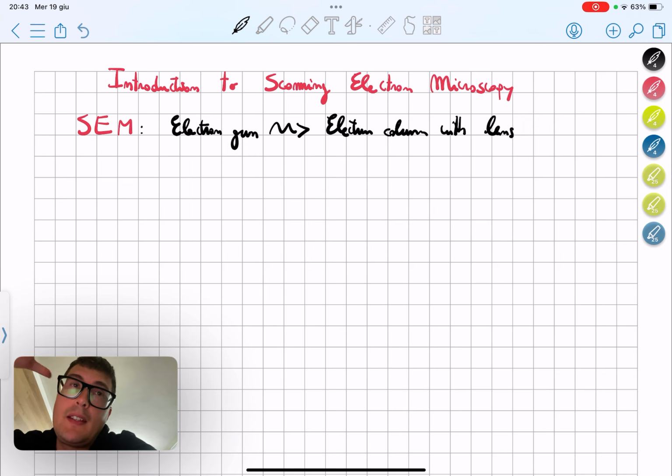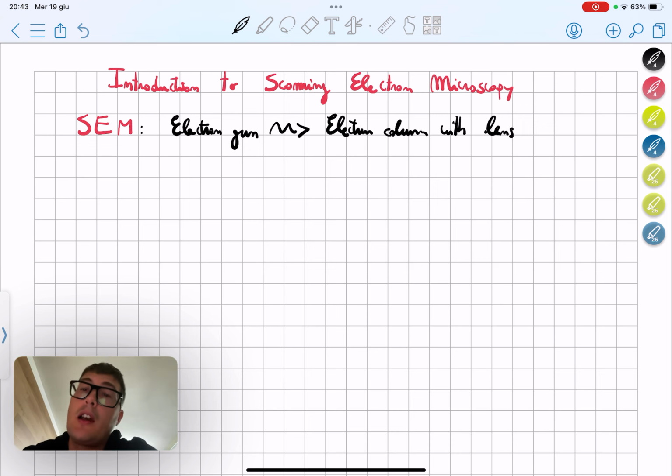Once they hit the sample, electrons interact with it, and there are so-called backscattered electrons and other types of electrons that we will speak about. Those will be collected by an Everhart-Thornley detector, which can be positively or negatively biased according to what we would like to do.